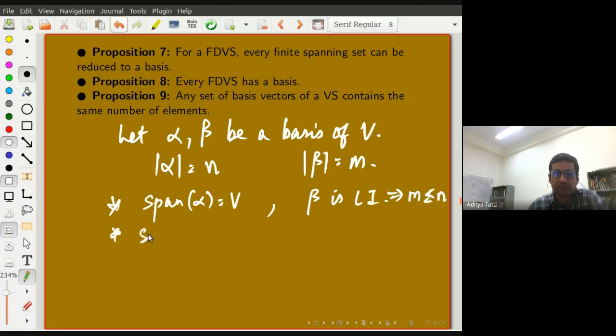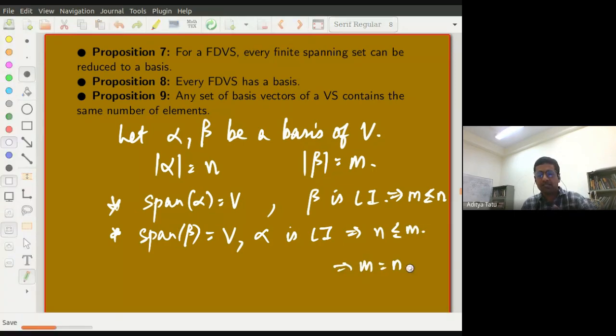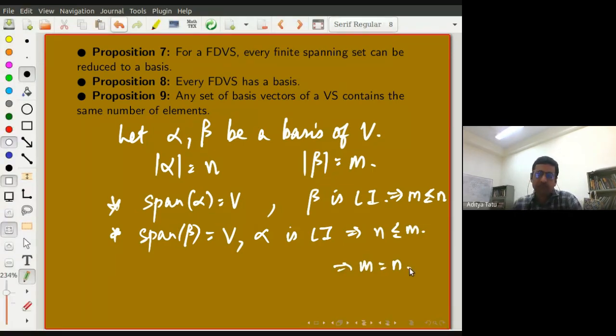Similarly, the span of beta is also V and alpha is linearly independent. Therefore, n has to be less than or equal to m, which of course implies m is equal to n. So this is an important conclusion. The choice of basis vectors is not unique, but no matter what basis you choose, the number of elements in a basis always has to be the same.